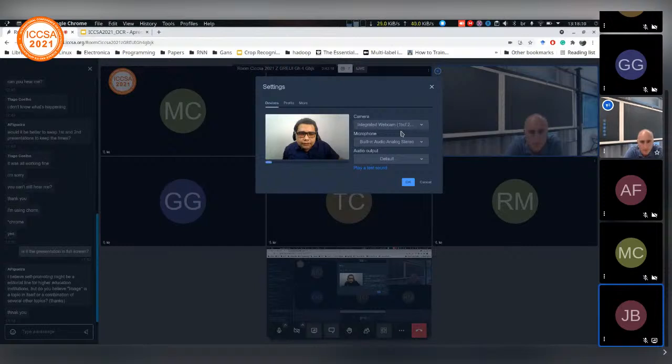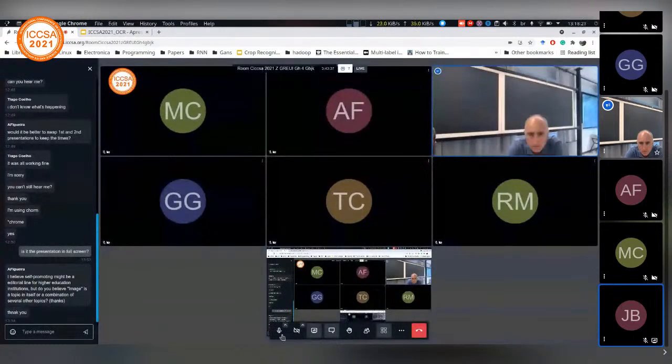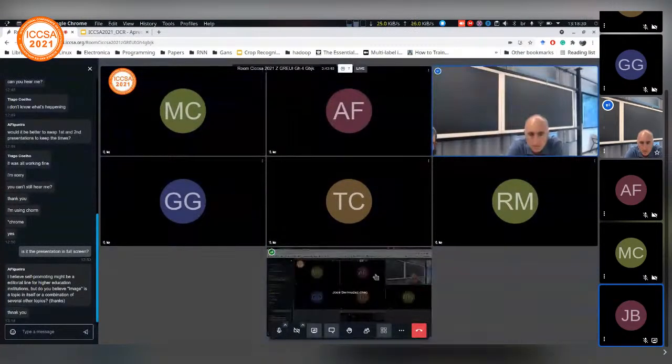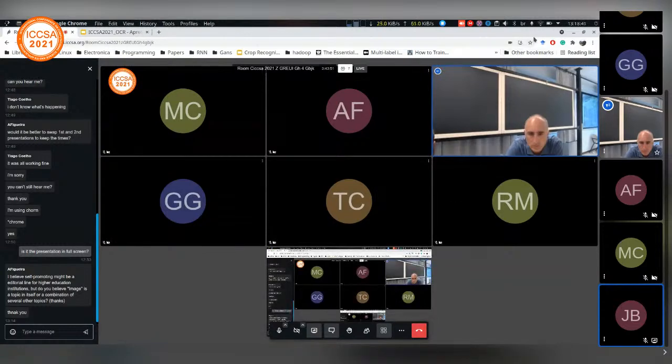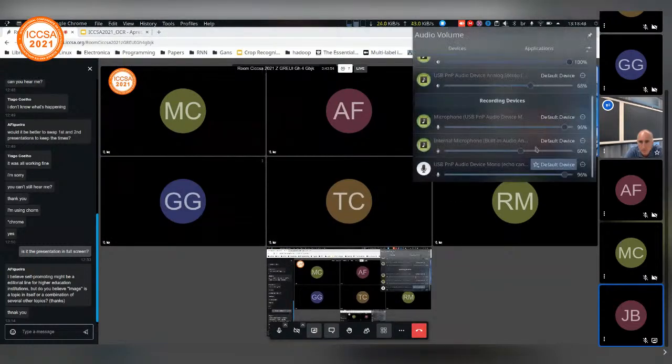Just check if that is the right microphone that you're using, because we should see that it's not on yet. Default device, internal microphone.